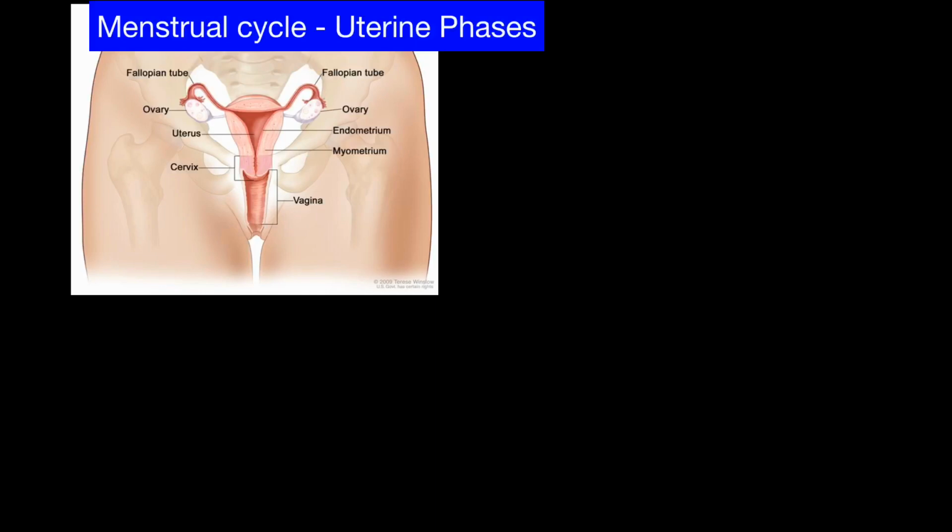This is because once that secondary oocyte is ovulated, it hangs out arrested in metaphase 2 of meiosis 2 until it's fertilized by a sperm. This happens in the fallopian tube, or the oviduct. Once that happens, that fertilized egg needs a place to grow, receive nourishment, and develop. And that's going to happen within the uterus.